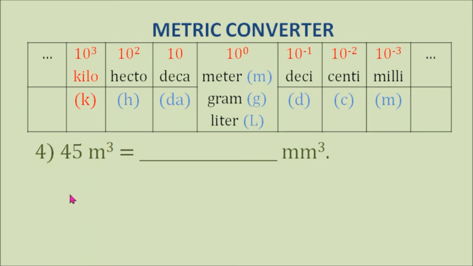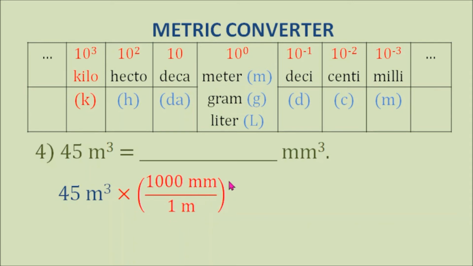We are going to multiply 45 m cubed by a conversion ratio, and from our metric converter, 1 meter equals 1000 millimeters, and we are going to make a fraction that shows meter cubed on the denominator for us to cancel out meter cubed. So that's 1000 millimeters over 1 meter.